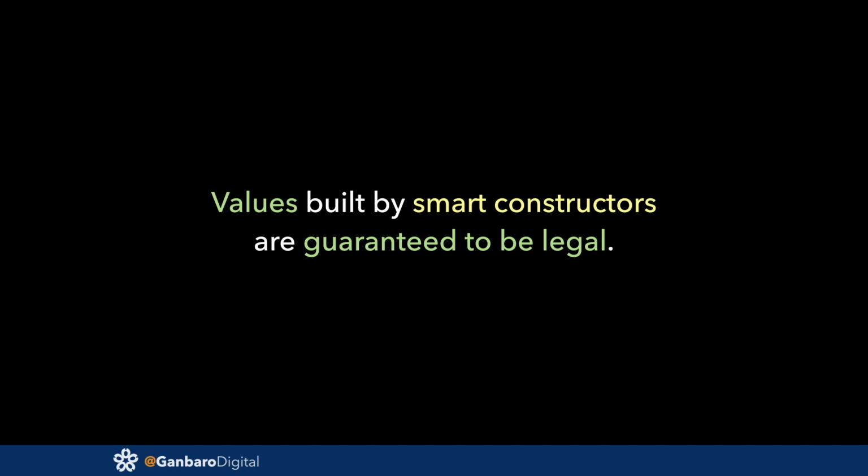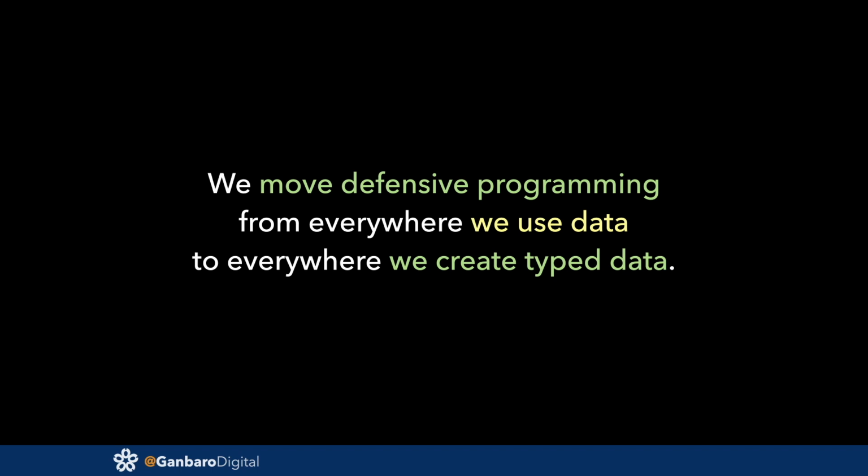That means you can trust them elsewhere in your code. You don't have to do input validation elsewhere in your code if you're consuming stricter types created by smart constructors. Now this has the effect of moving defensive programming from literally everywhere to where we are creating this type data. So we're massively narrowing the surface area where we need to use the technique of defensive programming. That's the benefit of smart constructors. And we can go a little bit further to narrow it even more.